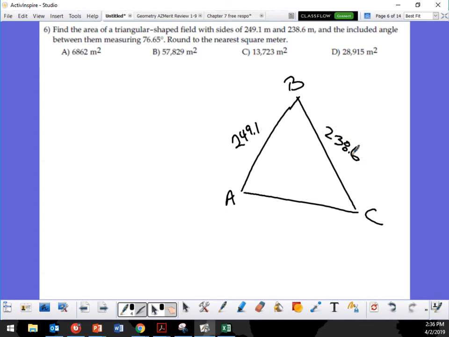What that means is it's right here. The included angle means it's the angle between the two sides that I know.